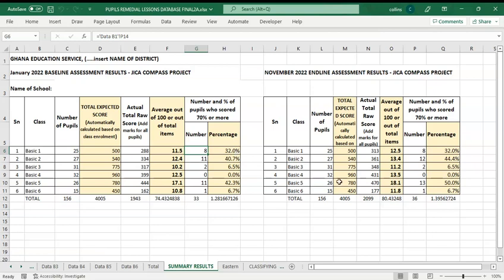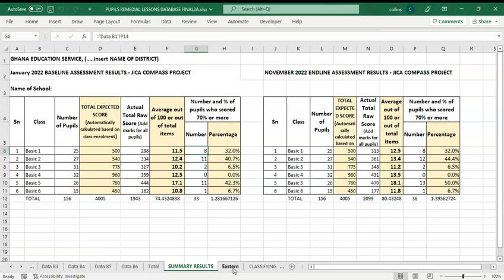Now you do likewise for the endline assessment. Here too, the information gives us a clear indication of the performance of the learners. So we send this particular data to the district training officer for onward submission. Not only him, but you send it to the federation for analysis, right?